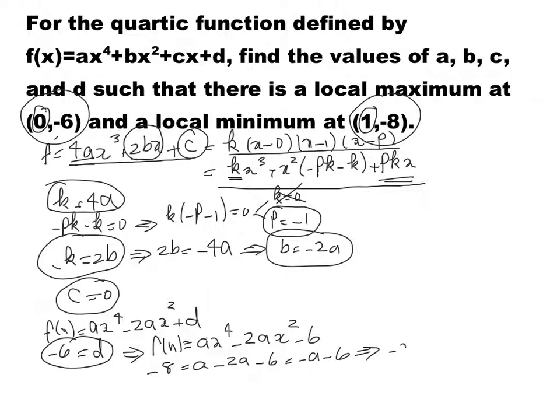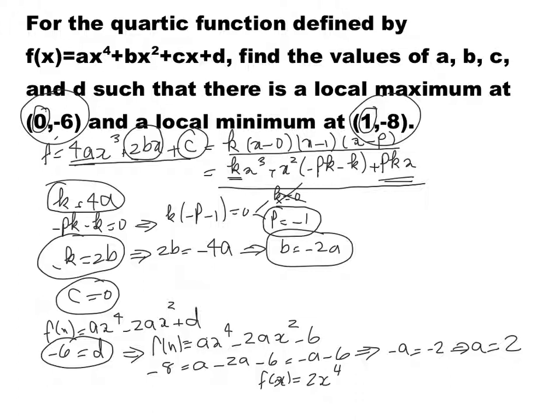So I get negative a is negative 2, or a is equal to 2. So this means that our original equation f of x is 2x to the 4 plus b.